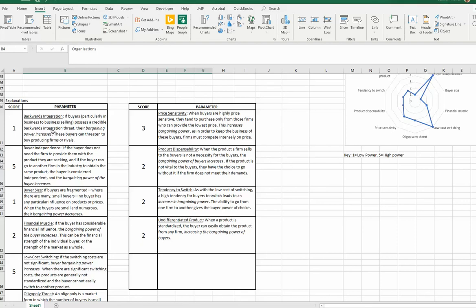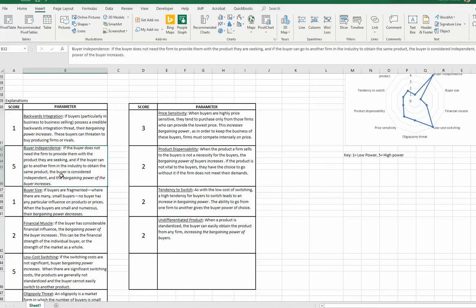So for example, backward integration, if I put it in perspective of something like St. Mary of the Woods College, then you would expect that a good student would expect some type of scholarship or help to get into the college. They expect that. So that's what we mean by backward integration. In other words, a buyer can actually want some kind of discount.